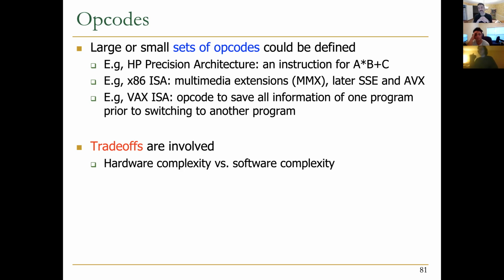But in the general purpose computer industry, the trend is to have instructions that are as simple as possible, so you could implement the hardware with low cost. Because when we have complex hardware, it means that we need to increase the cost.